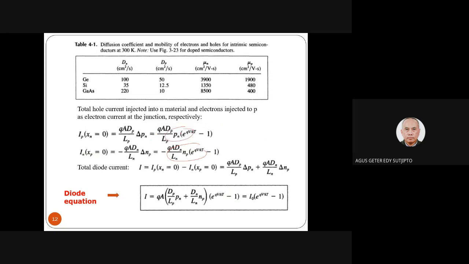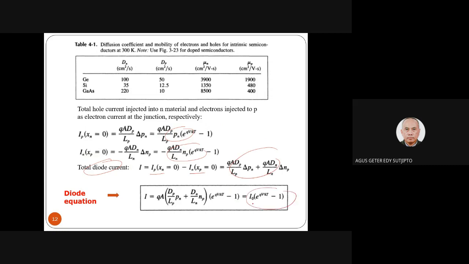Then we can have the total diode current as the summation of the hole current and the electron current, the so-called total diode current I, dependent on the IP and the IN. Then we can have this equation.